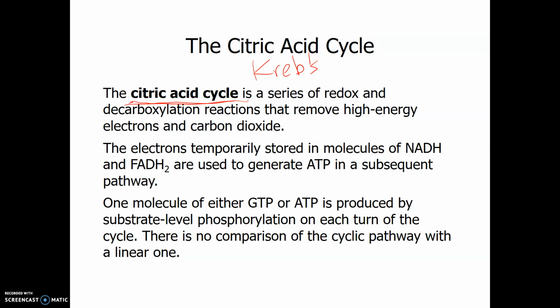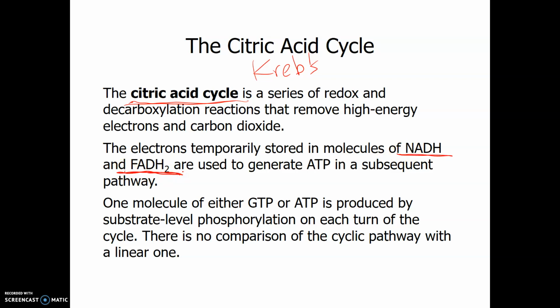And it's a series of reactions that first builds back up the number of carbons in the molecule and then breaks them down 1 carbon at a time. The purpose is because these reactions produce a large amount of NADH and FADH2.